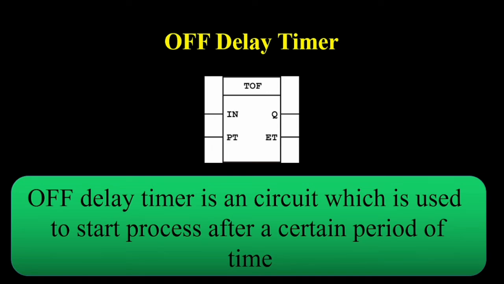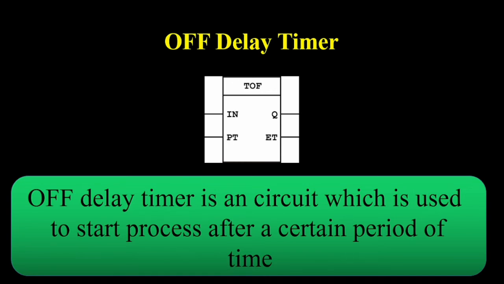The best example of off delay timer is an alarm. That is, consider you are setting an alarm at night 10 p.m. for 5 a.m. Now the mobile will calculate the time between 10 p.m. and 5 a.m., which is a 7 hour difference.